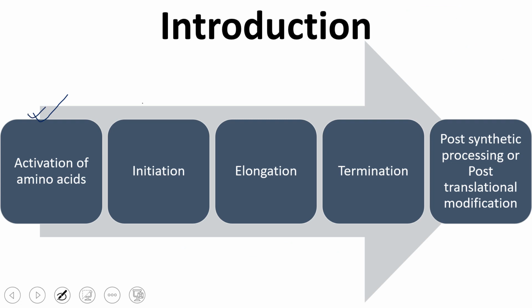Then we go for initiation, elongation, termination, and then the modification of the protein, that is folding and chemical, structural modification, which is called post synthetic processing or post translational modification. Post means after, translation means translation, and modification. So after translation we do the modification. It is called post translational modification.